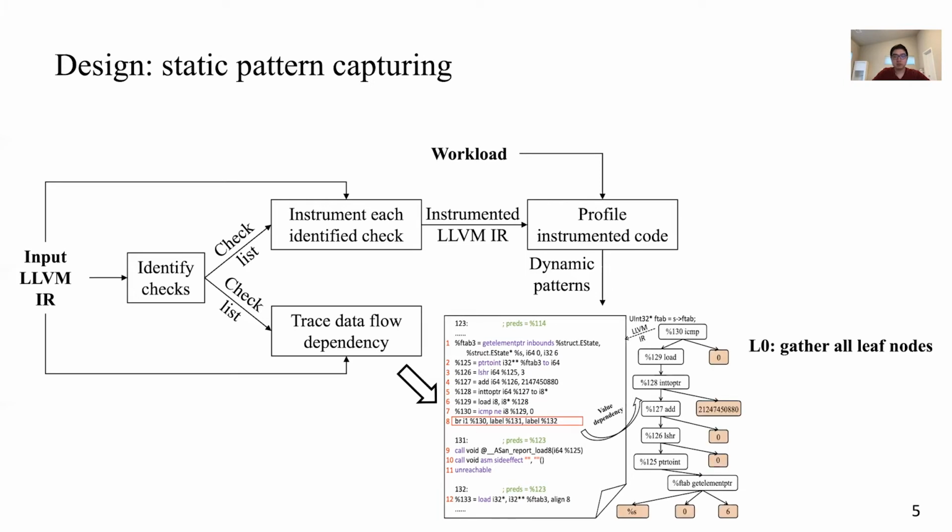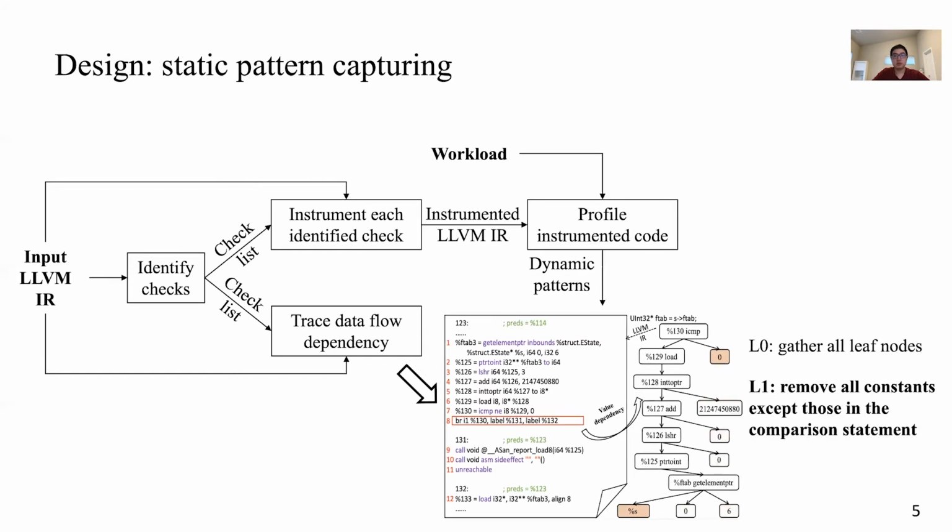For L0 scheme, we gather all the leaf nodes on this dependency tree into a set. For L1 scheme, we canonicalize the collected set of leaf nodes by eliminating all constants from the set, except constant operands from the comparison statement.